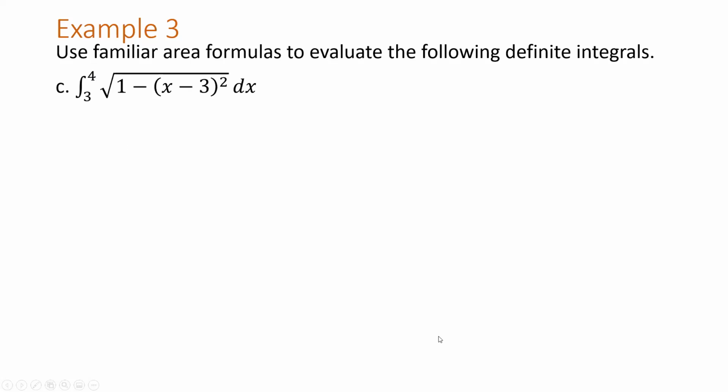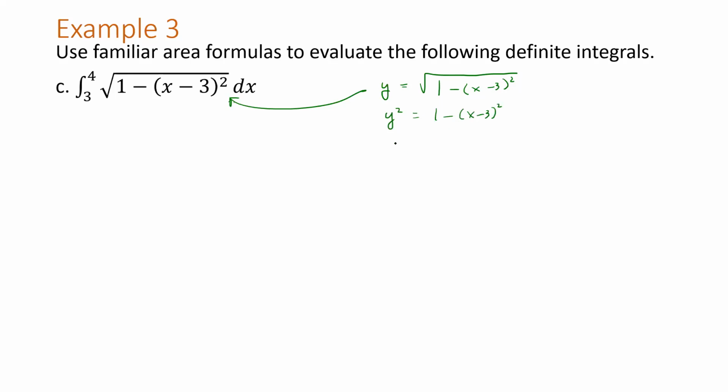Here's a hint. Let's look at it this way. If I were to mess around with this equation a little bit, say I square both sides, and I get y squared equals 1 minus (x minus 3) squared.